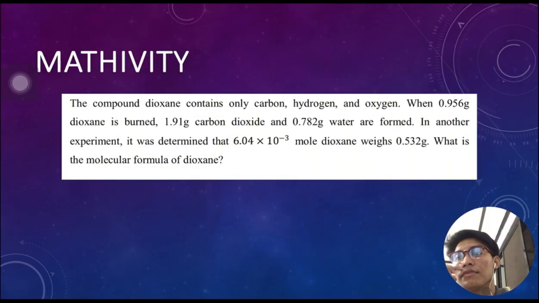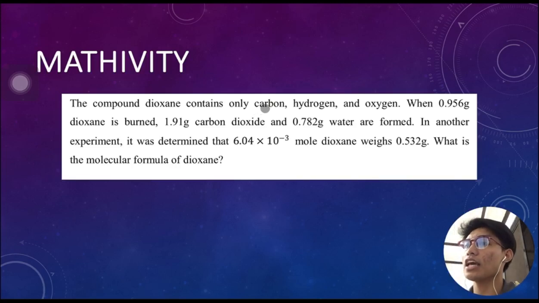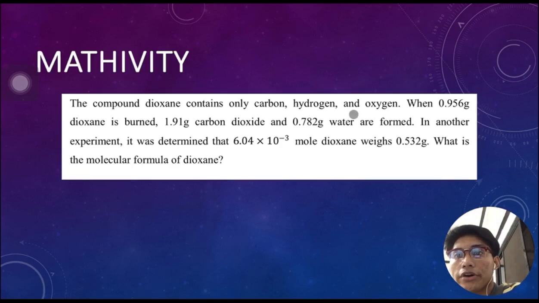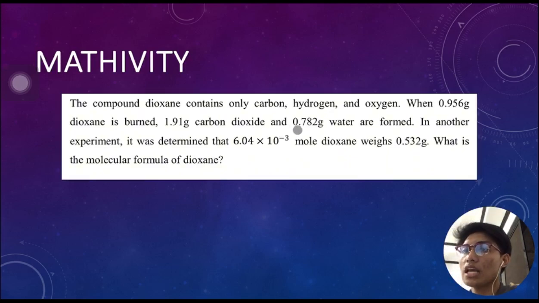Okay, for the motivity, the compound dioxane contains only carbon, hydrogen, and oxygen. When 0.956 grams of dioxane is burned, 1.91 grams of carbon dioxide and 0.782 grams of water are formed.